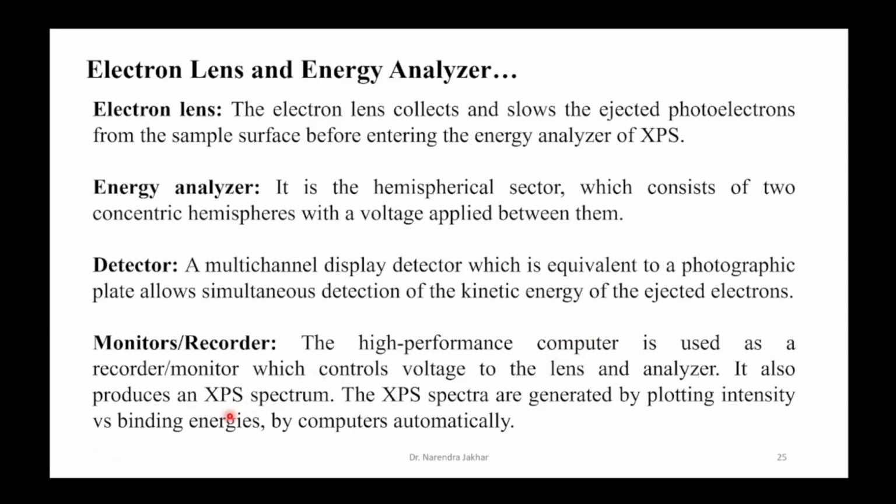It also produces an XPS spectrum. The XPS spectra are generated by plotting intensity versus binding energy automatically by computers. There is dedicated software on these computers which provides us the spectra directly from the detectors.